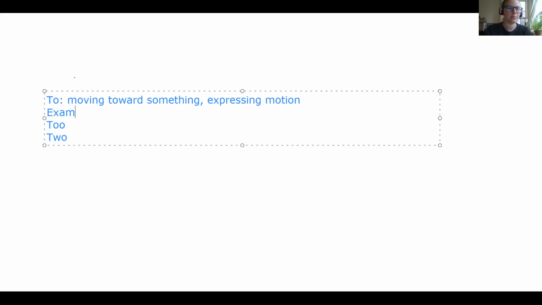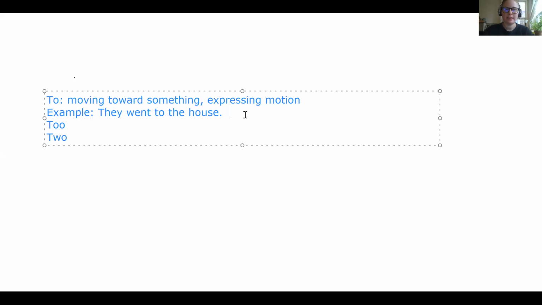So for example, they went to the house. Right? That to is that direction. They went toward the house. That is one way that I like to think of it, is that with that to, I am moving like the word toward. It's just a nice shorter version for it. So expressing that movement.